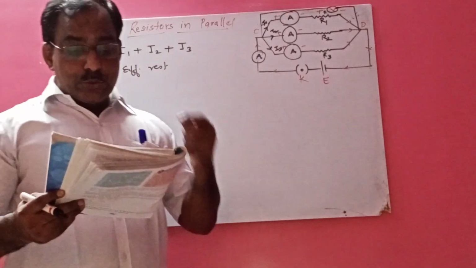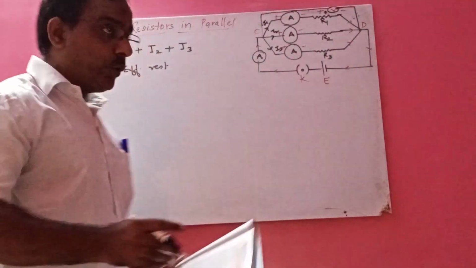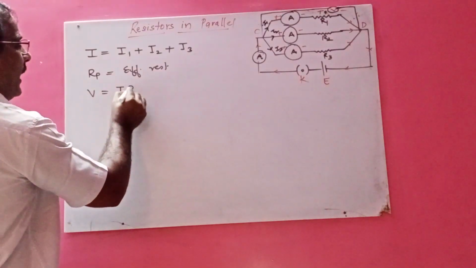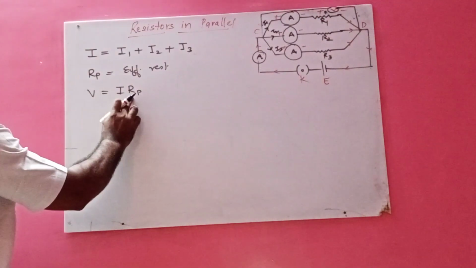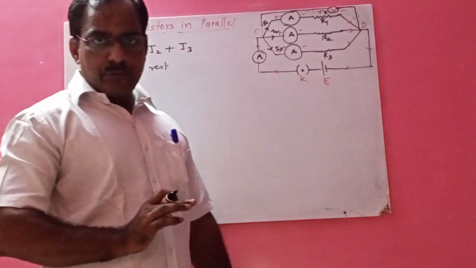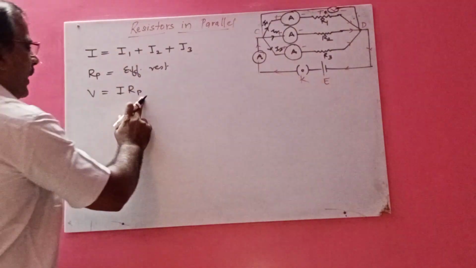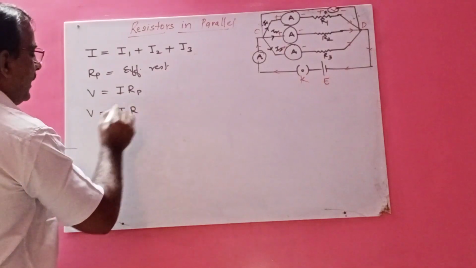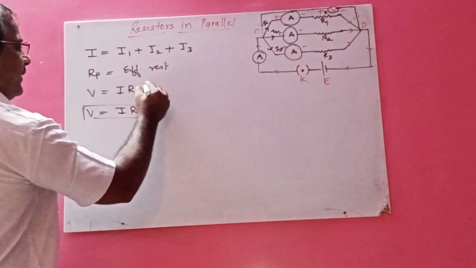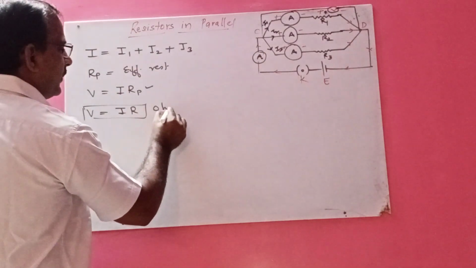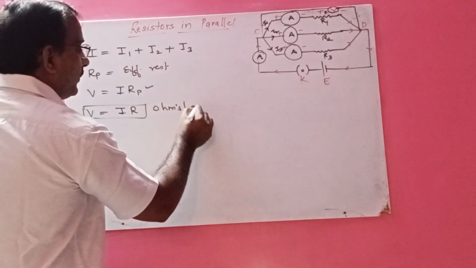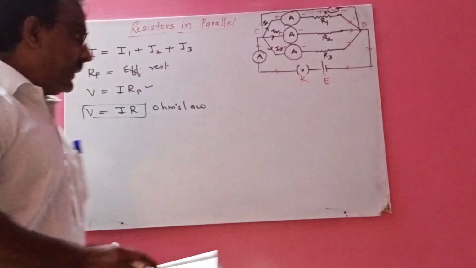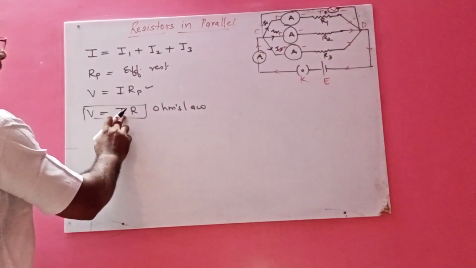Again here you should apply Ohm's law. What is Ohm's law, children? Here V is equal to I RP, because we want RP. So that is why V is equal to I RP. Again you write V equal to I R, Ohm's law. This is also Ohm's law. Then you find I1. How will you get I1?